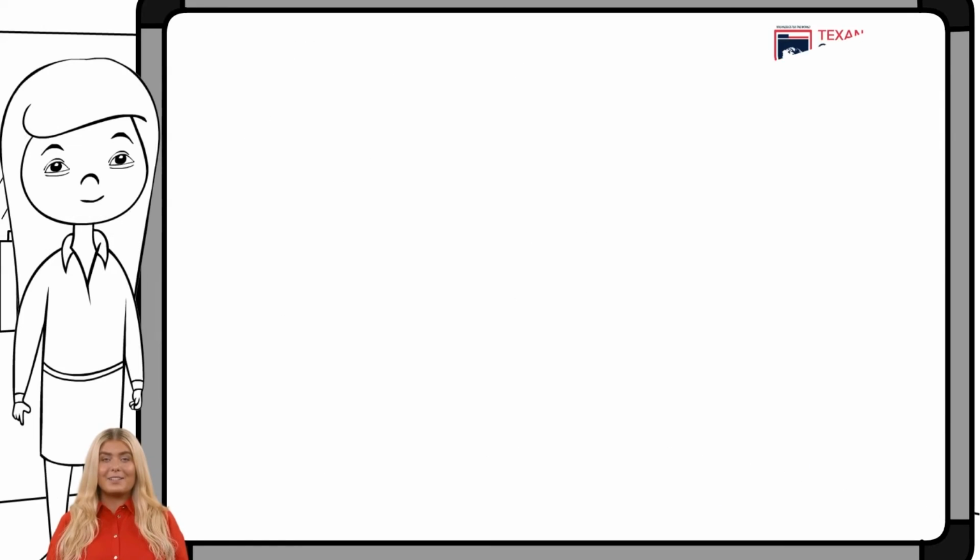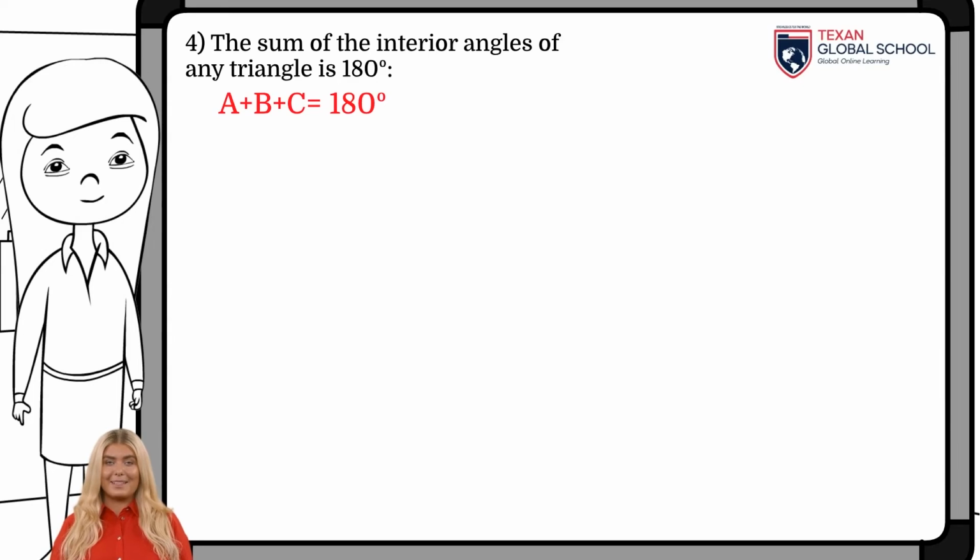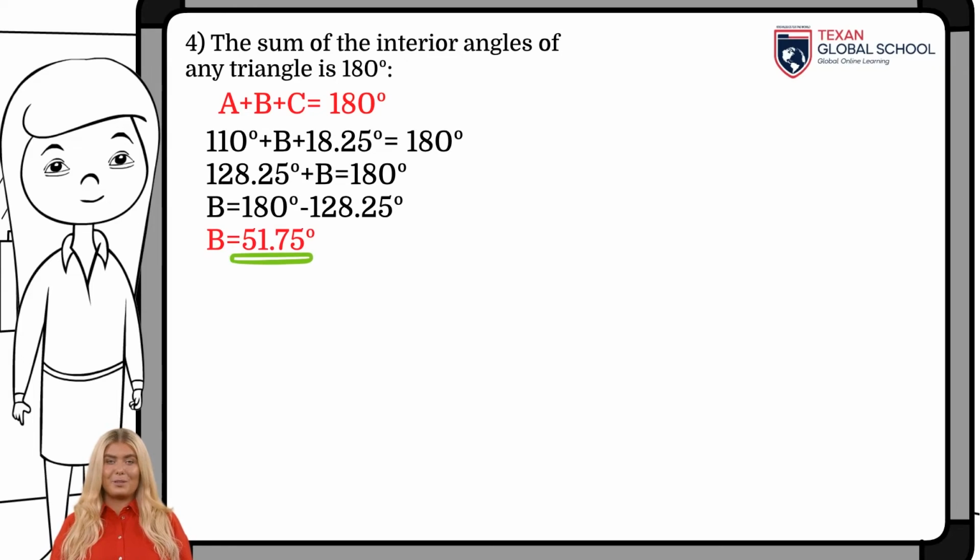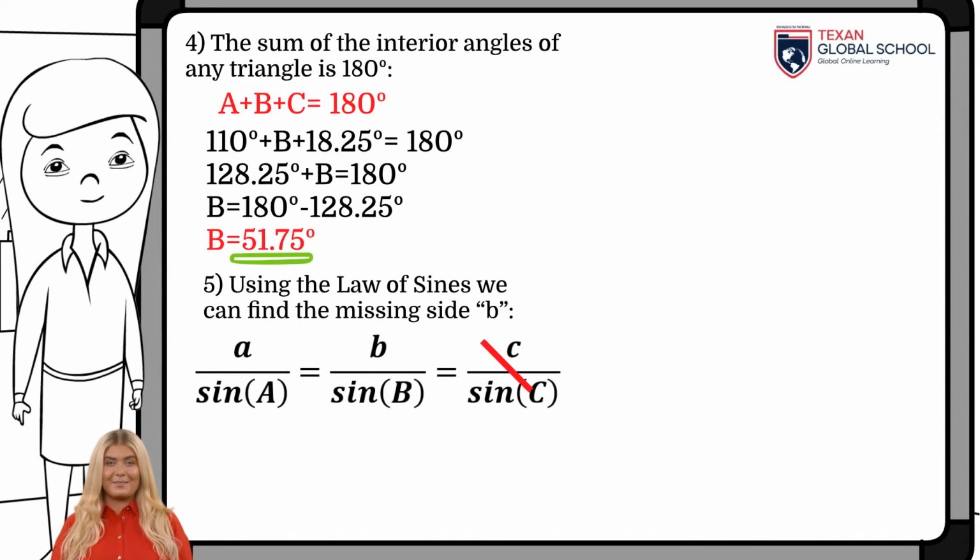Now, to find the other angle, let's remember that the sum of the interior angles of any triangle equals 180 degrees. When substituting, it results in 110 plus B plus 18.25 equals 180. By clearing the variable, it results that B is equal to 51.75 degrees.